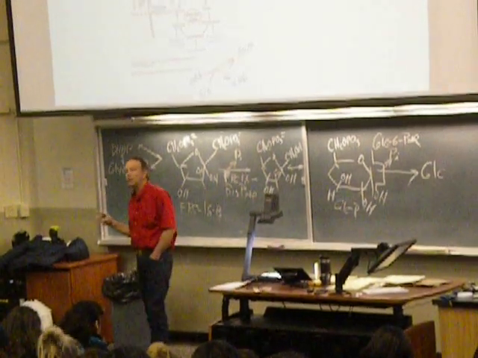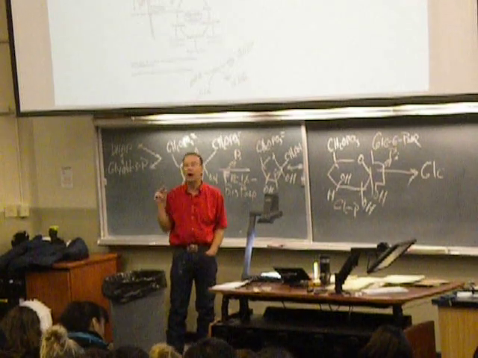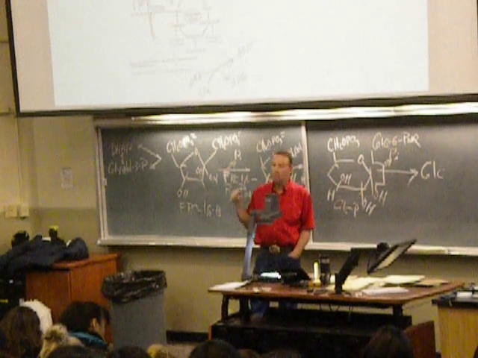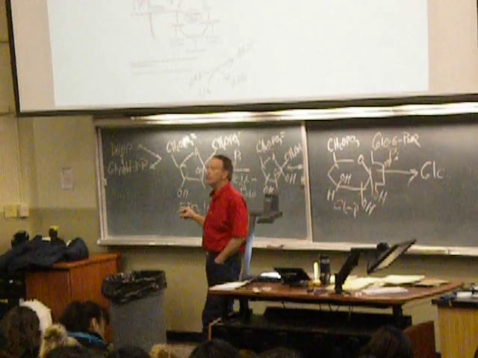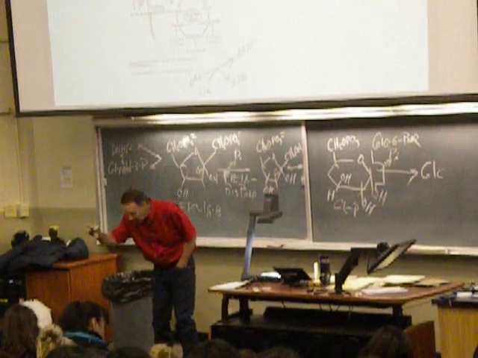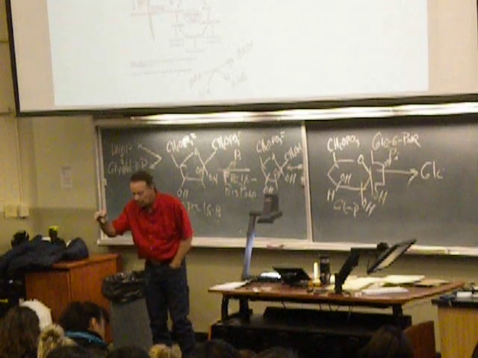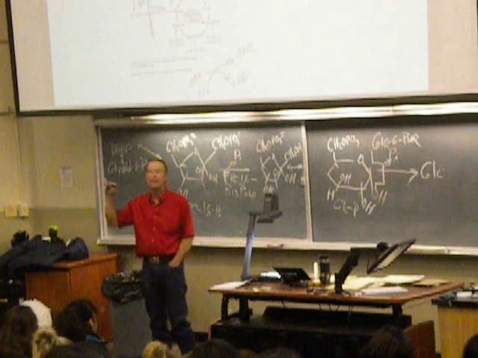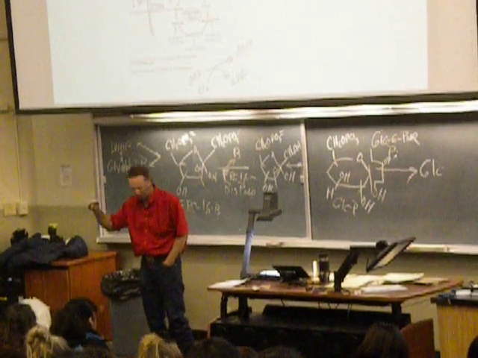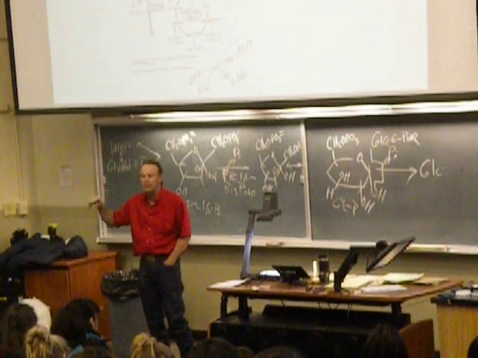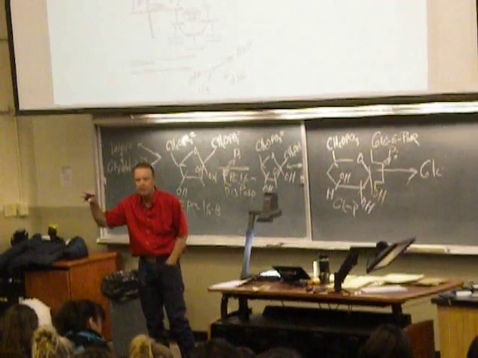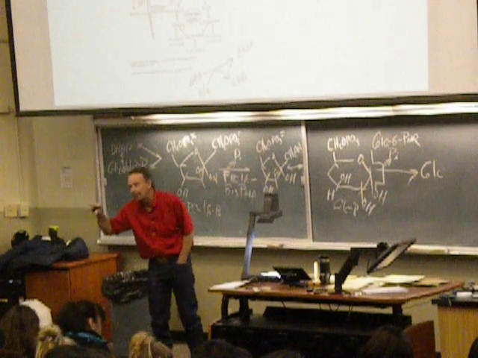You have to have acetyl-CoA present for pyruvate carboxylase to be active. As you increase acetyl-CoA concentration in the mitochondria, you're going to increase the activity of the pyruvate carboxylase. In the absence of acetyl-CoA, that reaction won't take place.